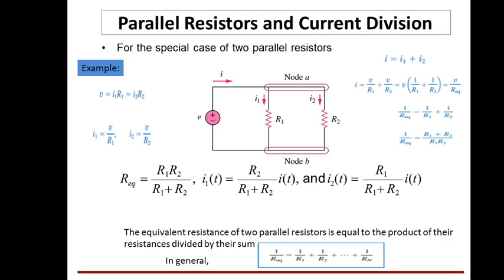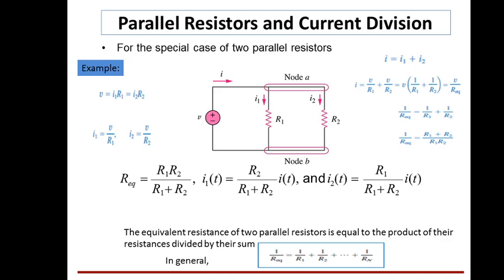Similarly, if you want to find out the current I2, at that time total current I into the opposite value, that is R1 by R1 plus R2. In this way you can find out easily, you can remember.